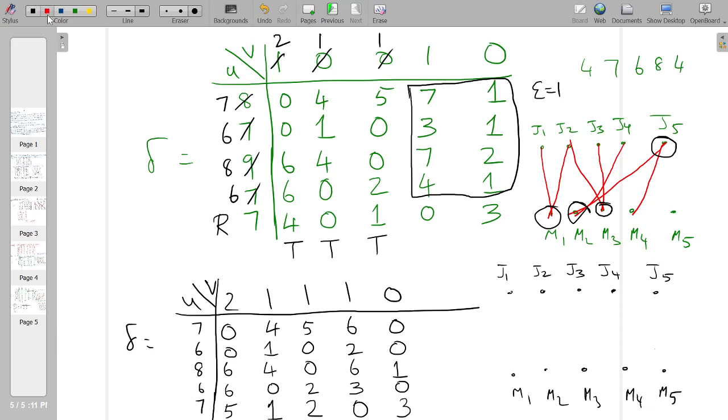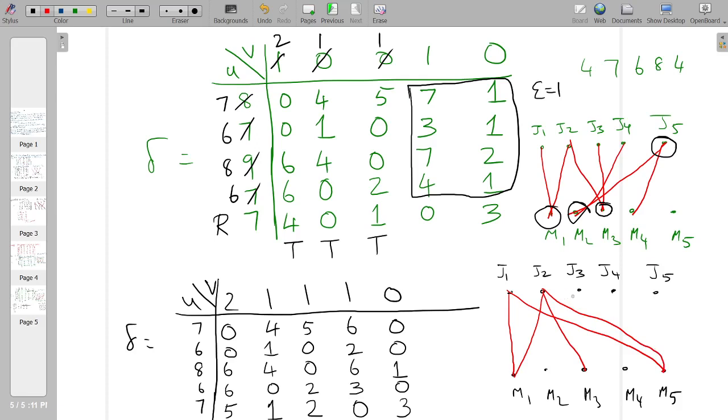Now you assign the jobs and machines based on the zeros. J1 is assigned with M1 and M5. J2 is assigned with M1, M3 and M5.